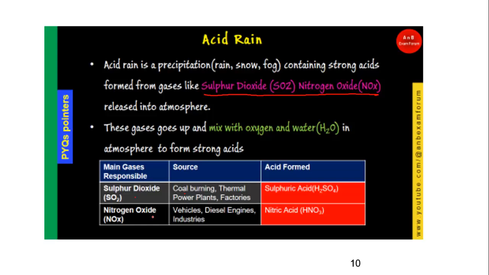And the nitrogen oxide, that is NOx, when it mixes with the water, it becomes nitric acid. So these two acids are basically the products of the gases when they mix with the water and form the strong acid. Since they are acid, they can harm our atmosphere.